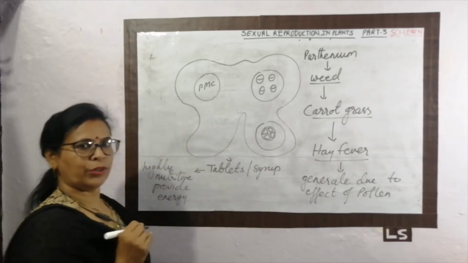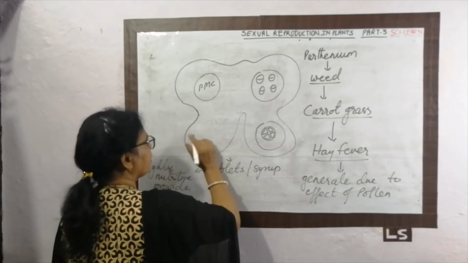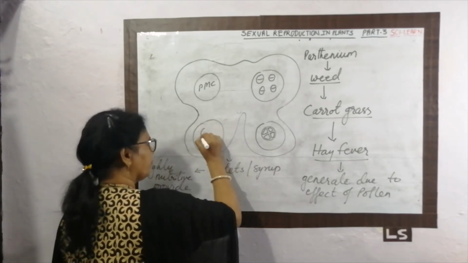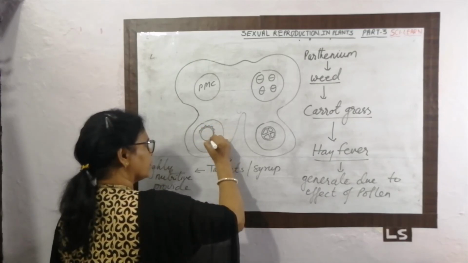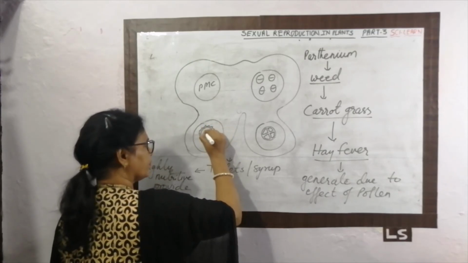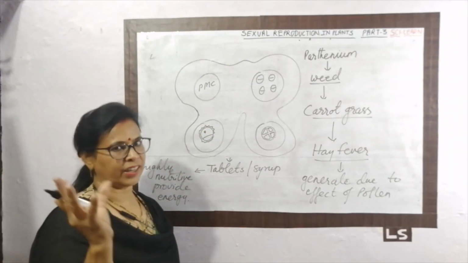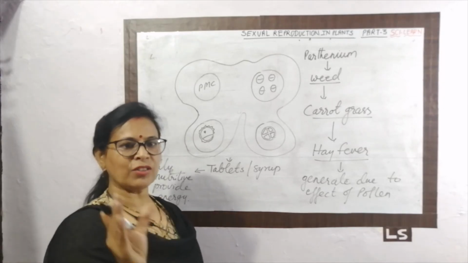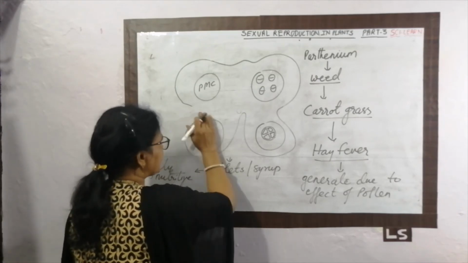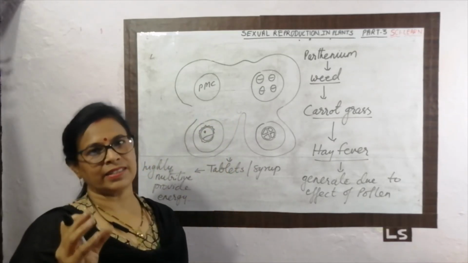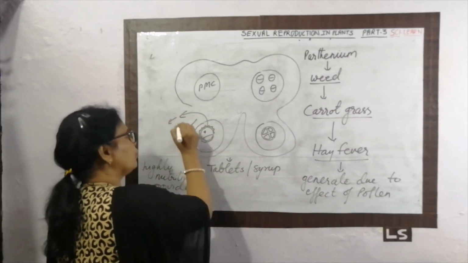This microspore tetrad further develops to form pollen. At maturity, this anther gets dry and dehydrated, and because of the dehydration, dehiscence occurs from this part. Dehiscence is the breaking of the anther sac. The dehiscence occurs in this part, and all the pollen gets separated out from here.